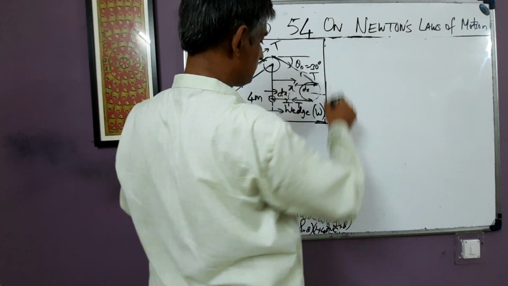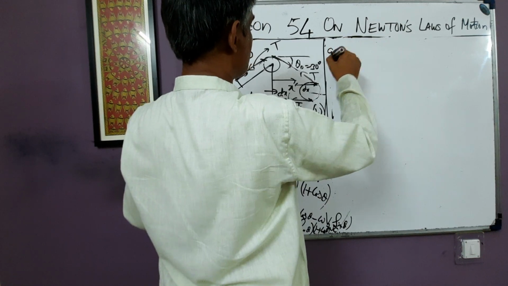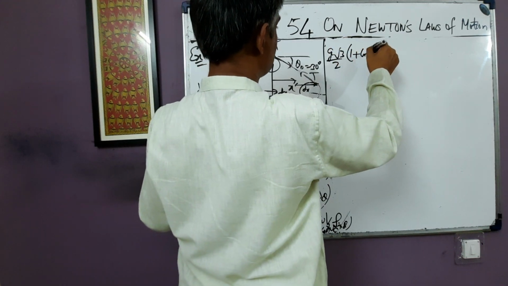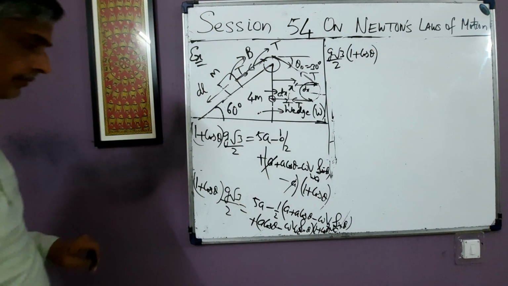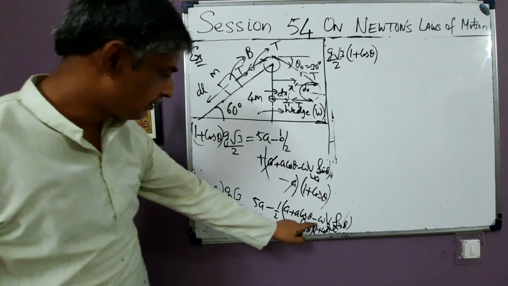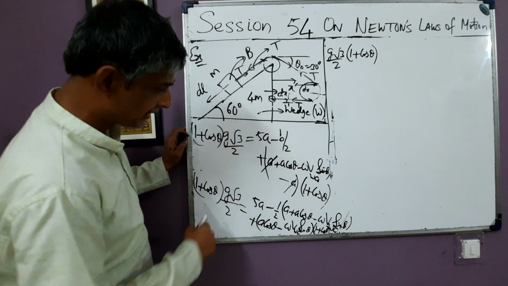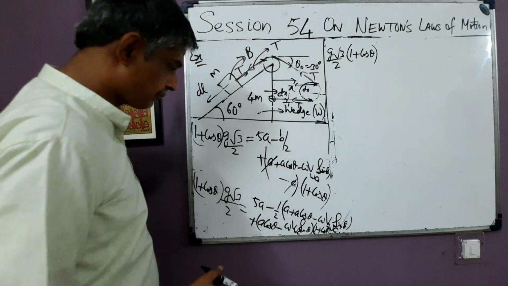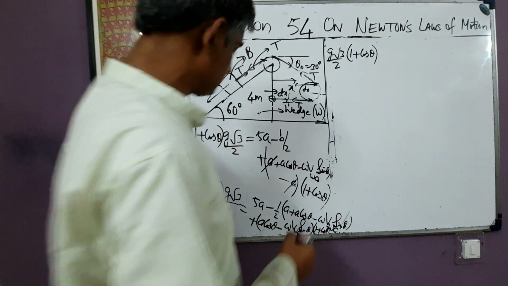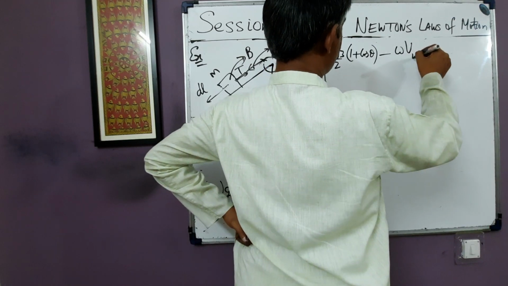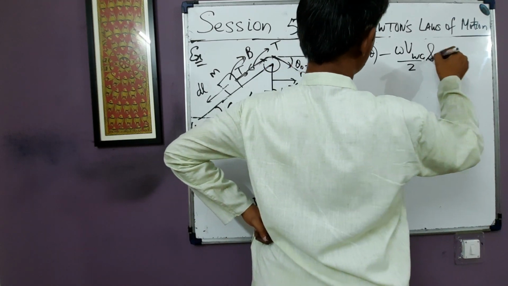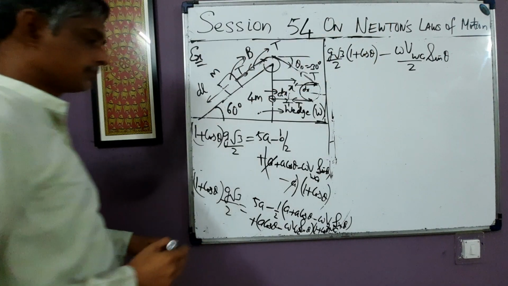So what do we get? g√3/2 into (1 + cos θ). Okay. This omega I bring on this side. It will become minus ω v_wg/2 sin θ.